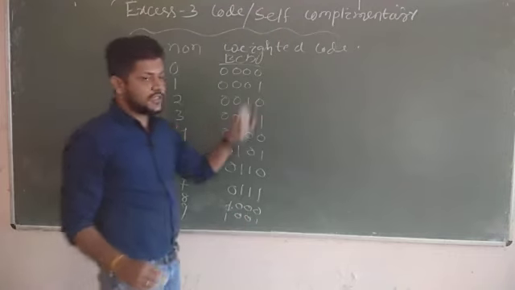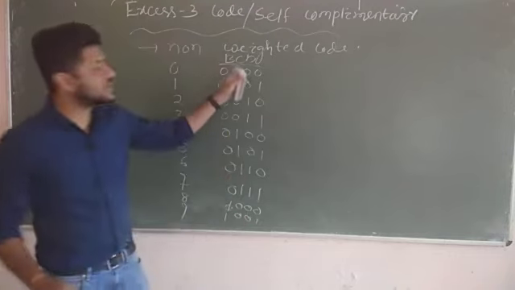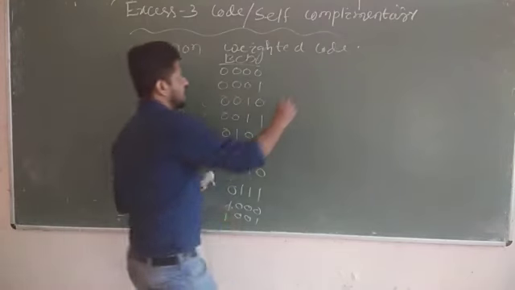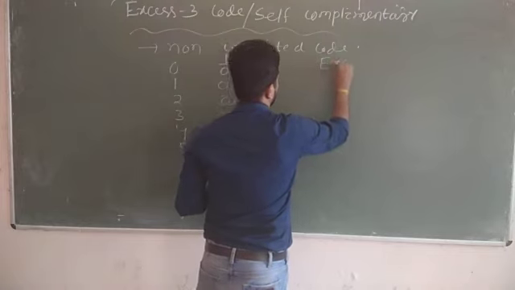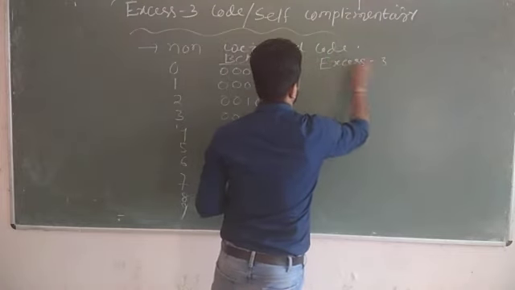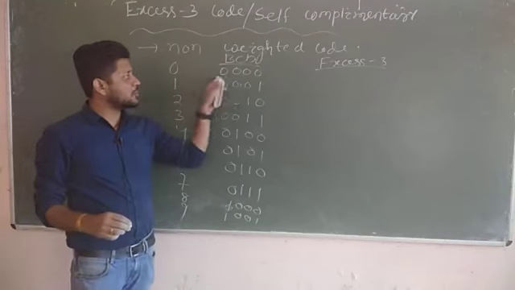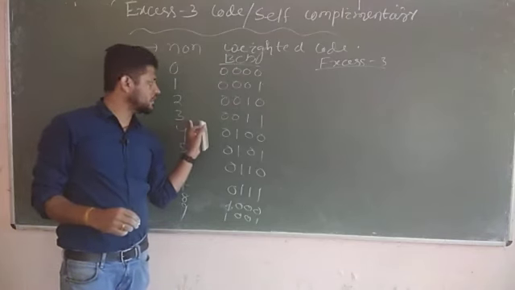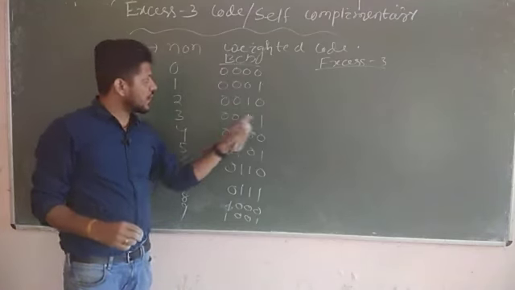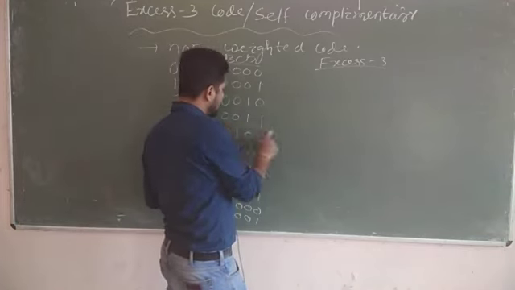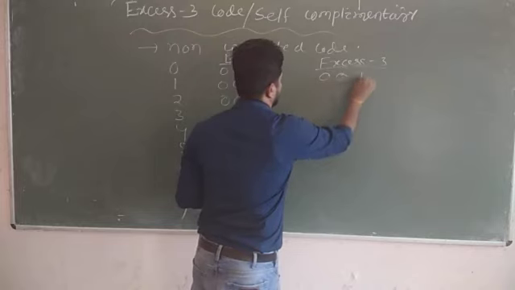So XS3 means BCD plus 3, just addition. That's why it's known as XS3. So how to write XS3? That means add 3 to this binary number 0. So I directly write XS3: the 0 becomes 3, so 0 0 1 1.